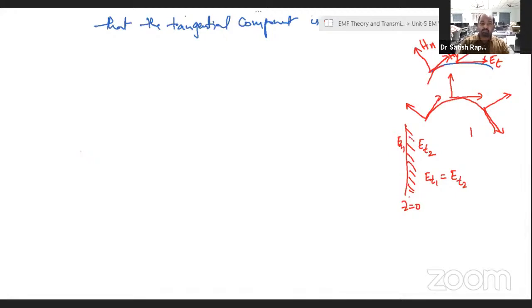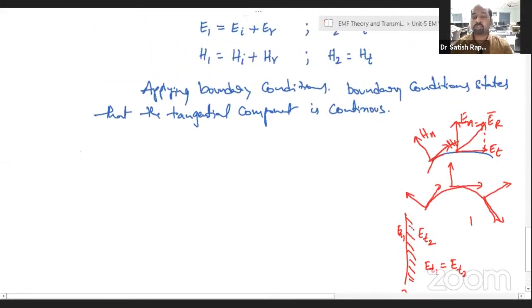They remain the same, right? The normal component may vary; they may not be the same, so they differ. But the tangential component of electric field is continuous, that means when the wave travels from one media to another media, there will not be any changes in the characteristics of the electric field. So that is called continuous.